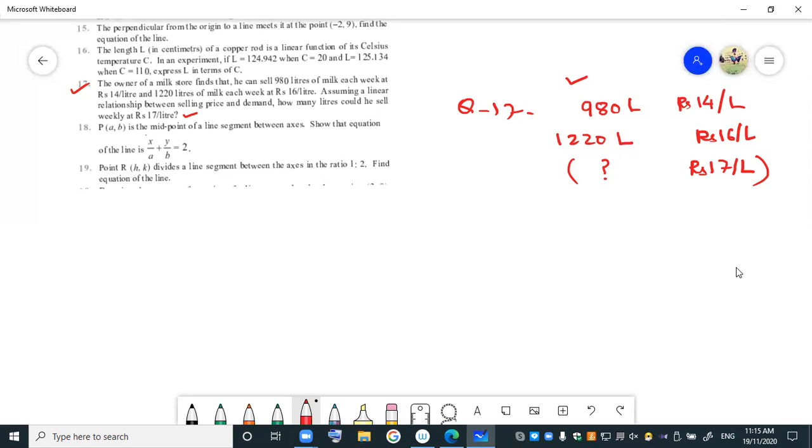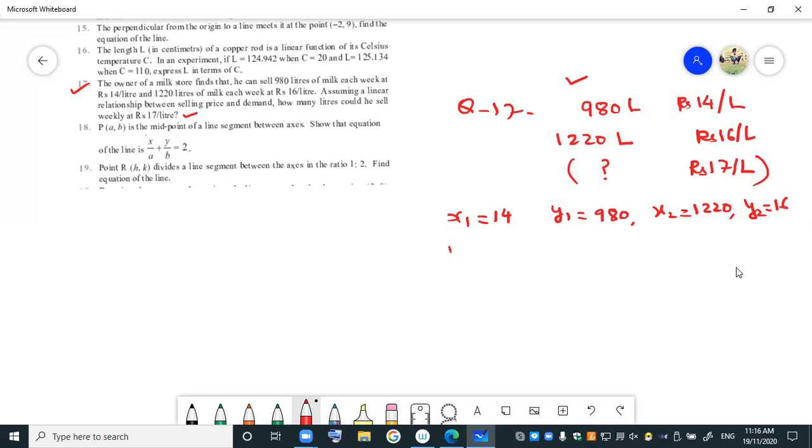So we take x1 as 14 and y1 as 980, x2 as 16 rupees per liter and y2 as 1220.